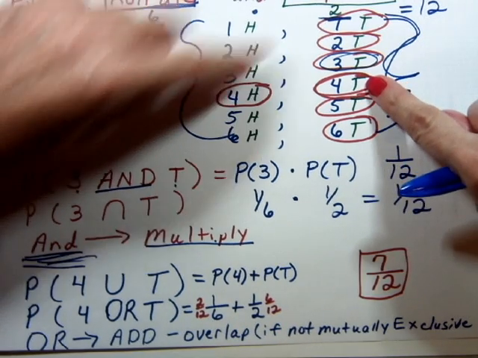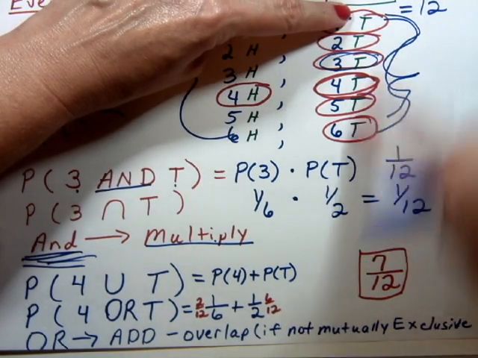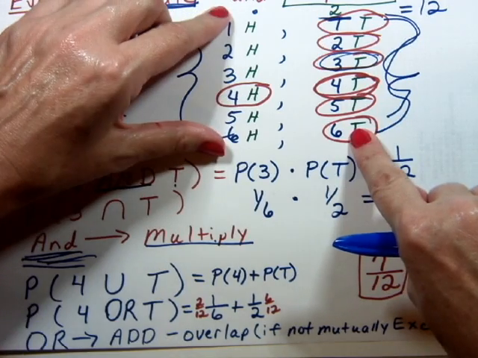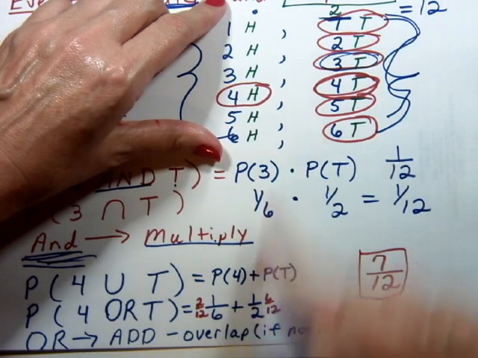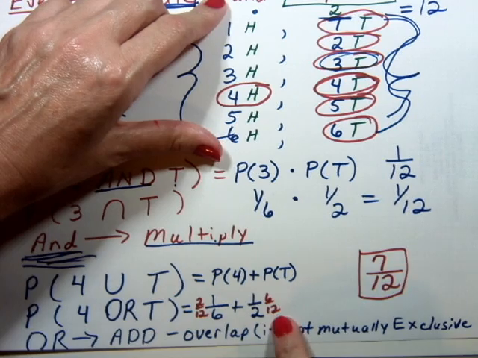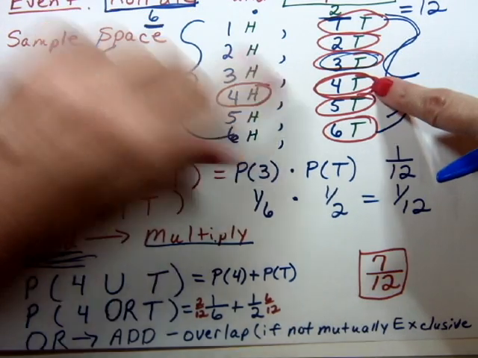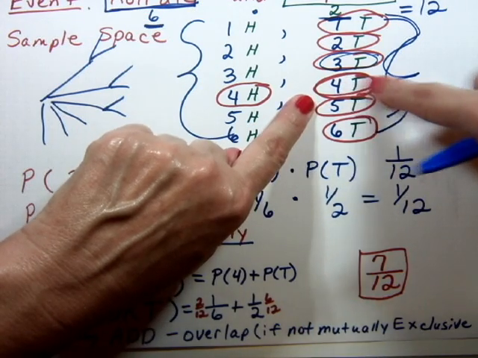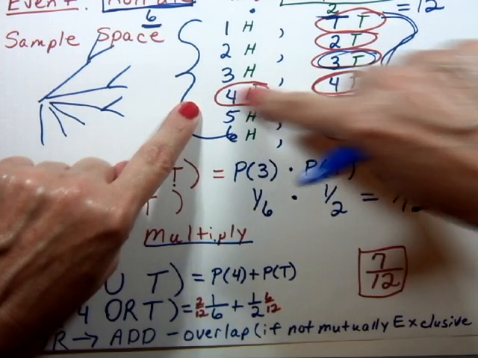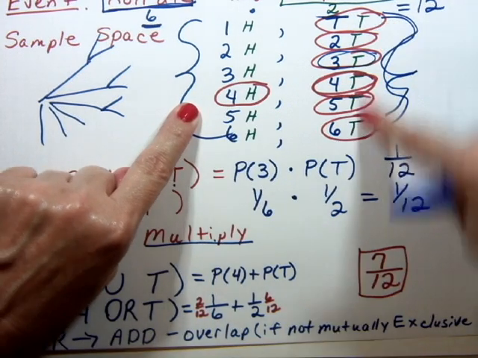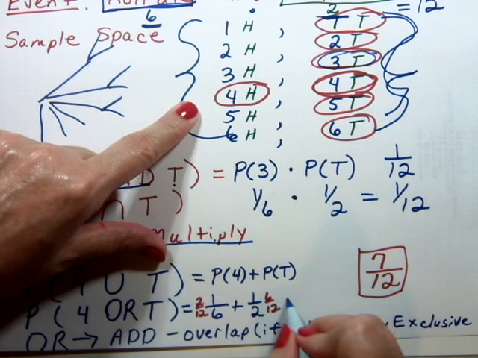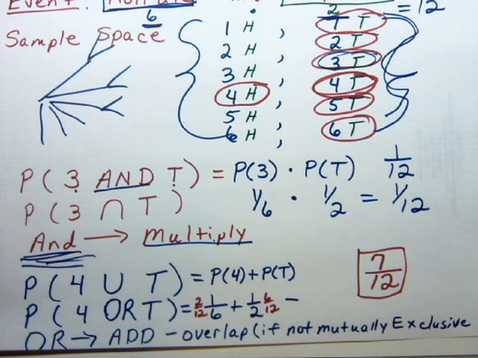The probability of getting tails was 6 out of 12 things that could happen, which is 1/2. And when I added those, I actually counted the 4 and tails twice. Once here and once here. So you have to subtract the overlap if they are not what we call mutually exclusive events.